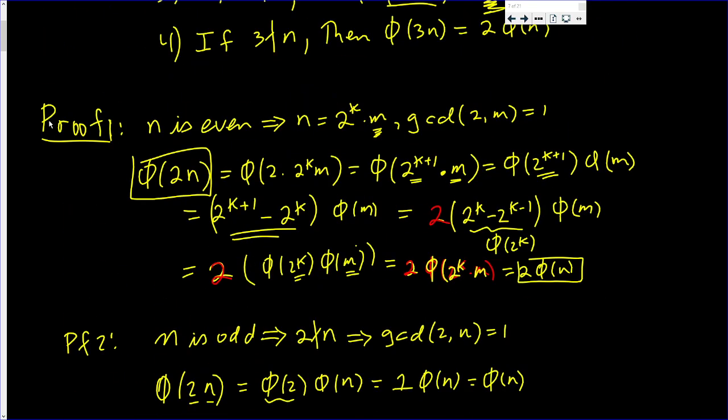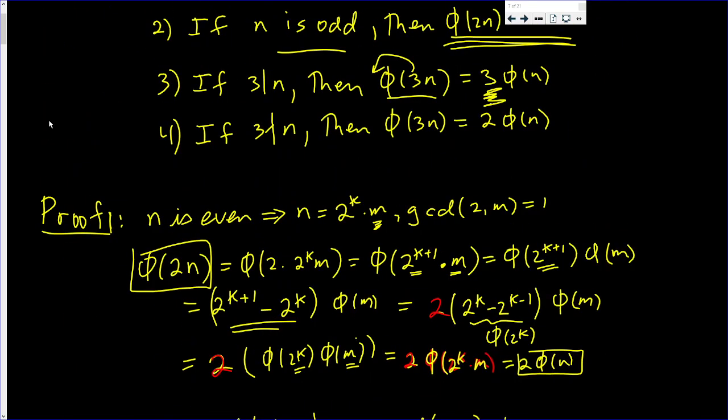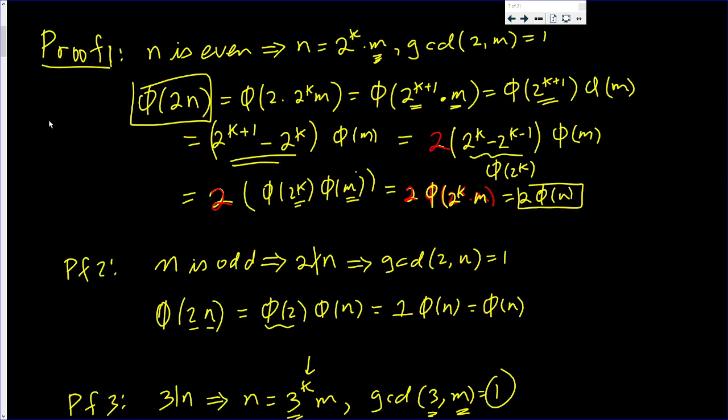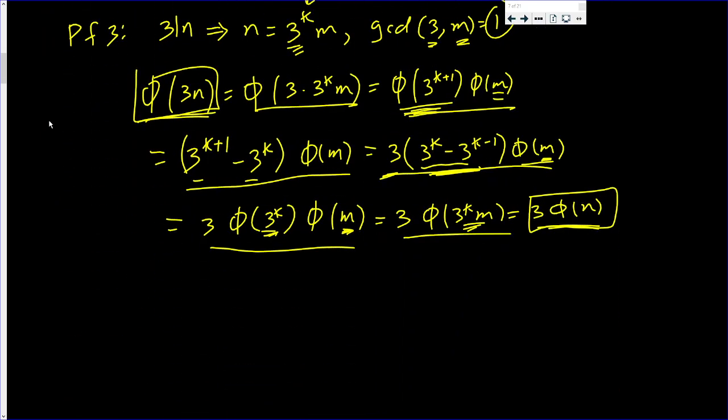Now, for the last one, if 3 does not divide n, then the 3 comes out as a 2. Proof. 3 does not divide n. That's given.